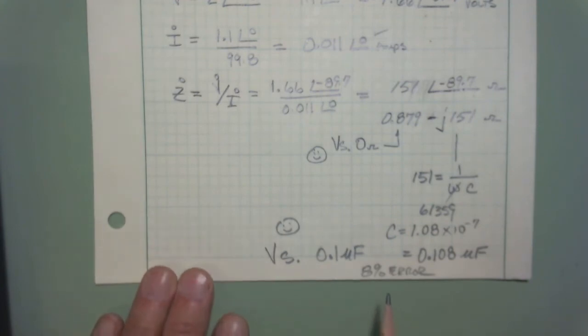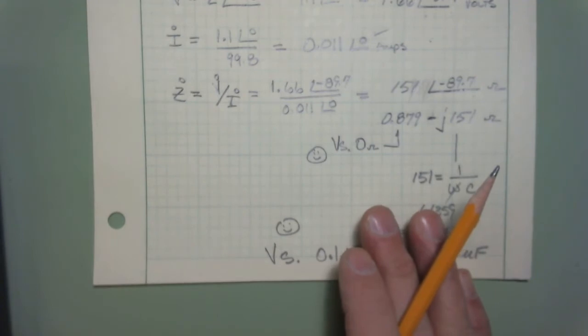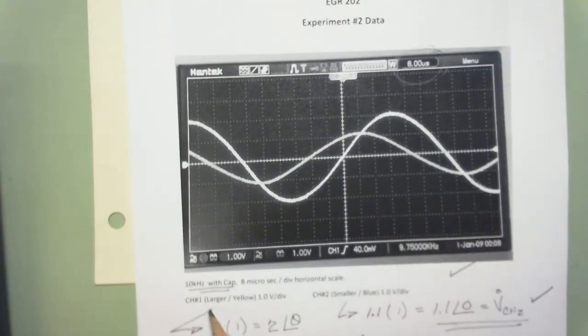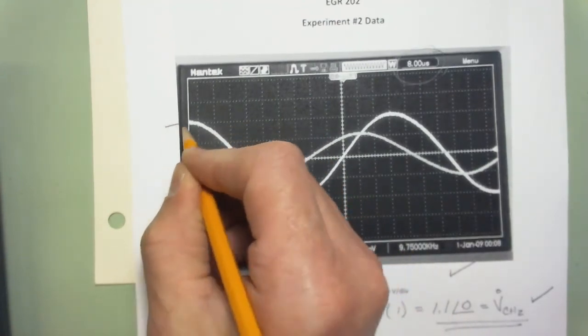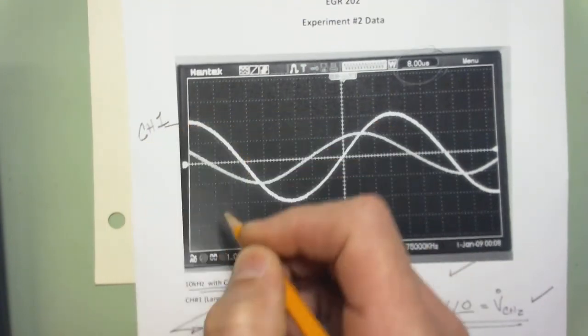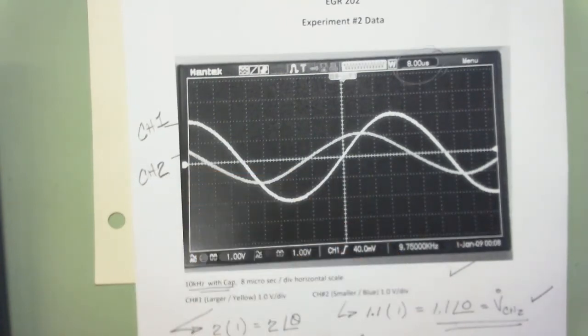A couple other things that we could do with this. If I look at this picture here, remember, channel 1 is the larger one, so this was channel 1. And this is channel 2. Okay, and I could really say that channel, let's see, what do I have? I have channel 2 leading channel 1, don't I?